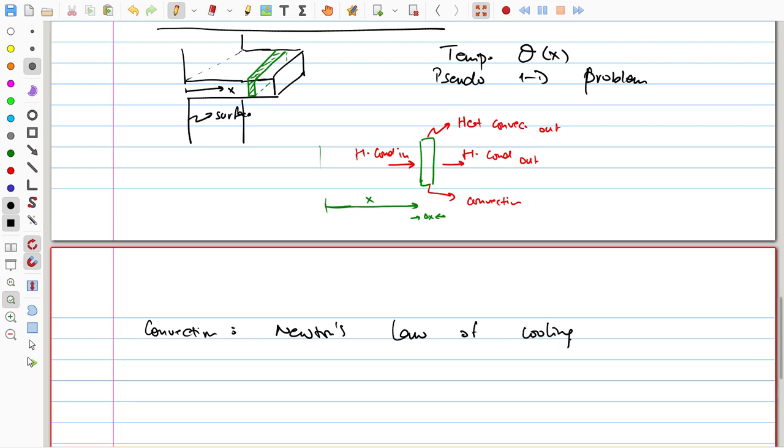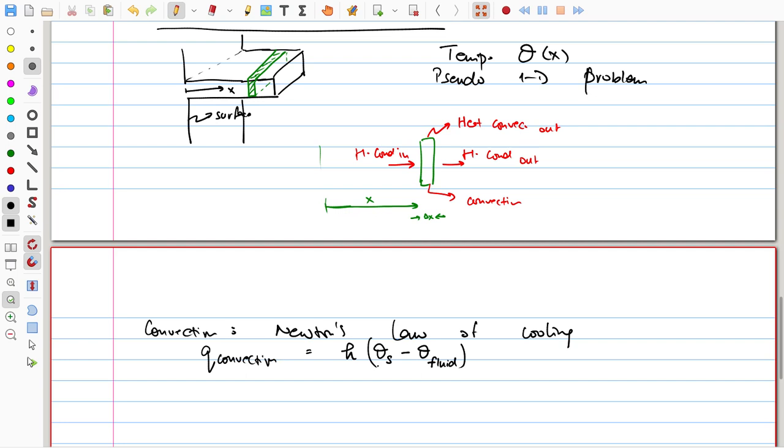So Newton's law of cooling says that the heat flux, so there is a term called flux, heat flux due to convection is h times delta T, or delta theta in this case. So theta of the surface minus theta of the fluid around it.